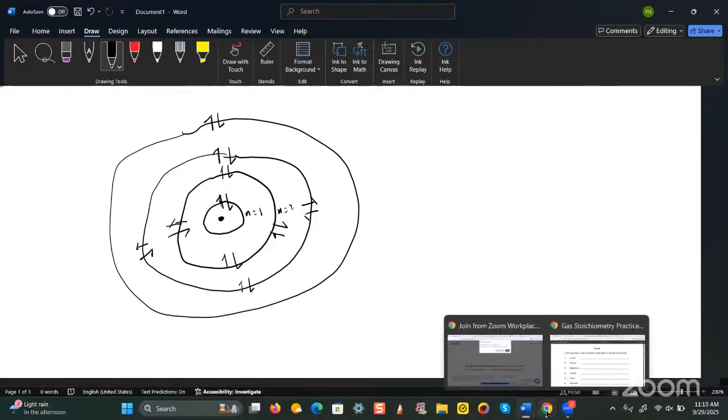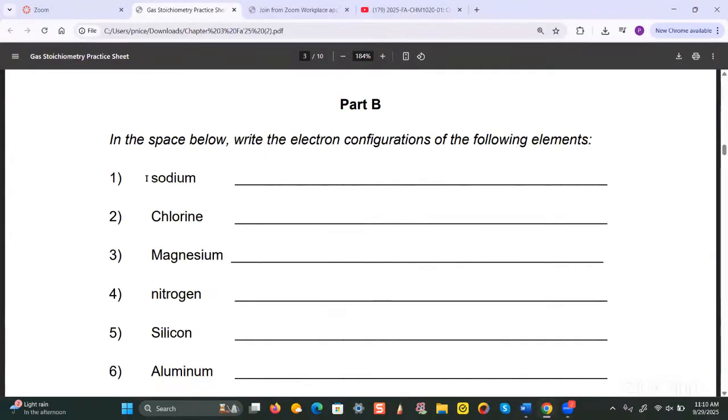So going to the assignment question, for example, sodium, as I said before, has an atomic number of 11, right? I'm just going to create a column here, atomic number.